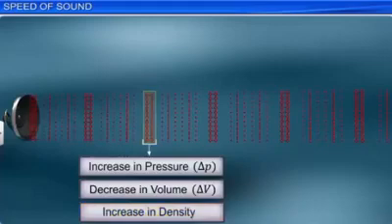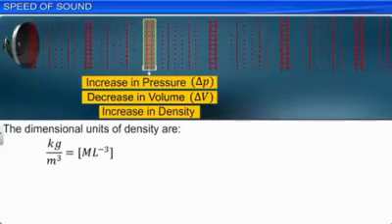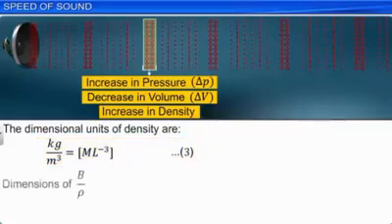Let us now find the dimensions of bulk modulus B by density ρ to arrive at the dimensions of velocity V. From equations 2 and 3, we get B by ρ is equal to M, L raised to the power minus 1 and T raised to the power minus 2 by ML raised to the power minus 3.